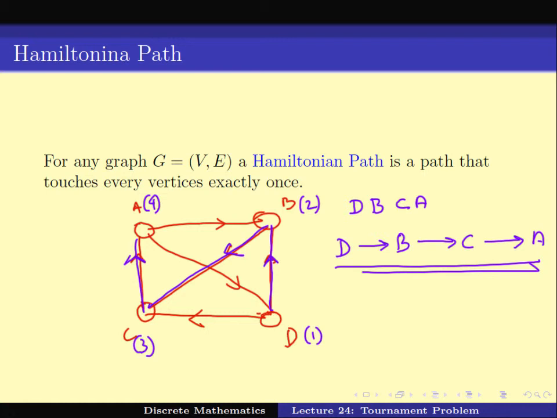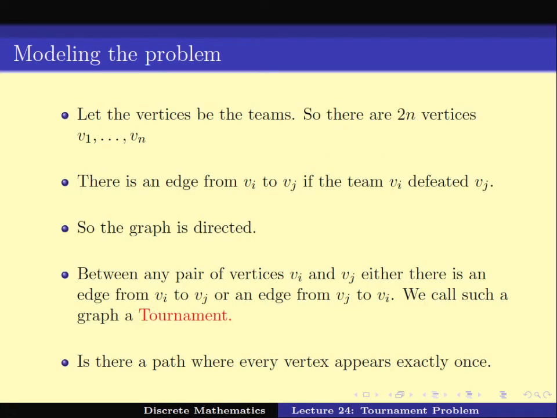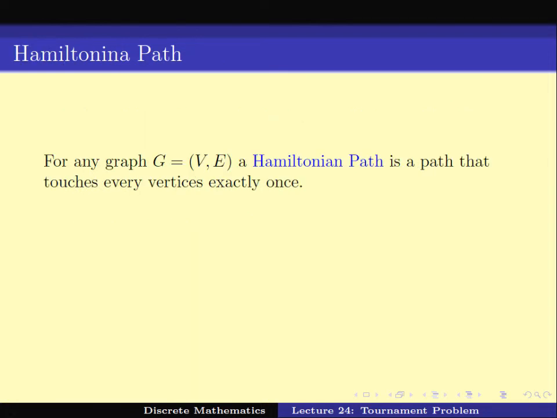Such a path is called a Hamiltonian path. Going back to the problem, our formulation seems right, in the sense that what we have been asked to do is find a path where every vertex appears exactly once.